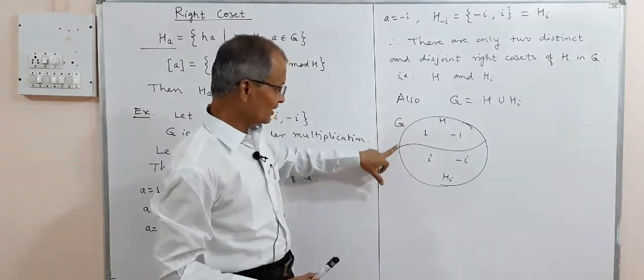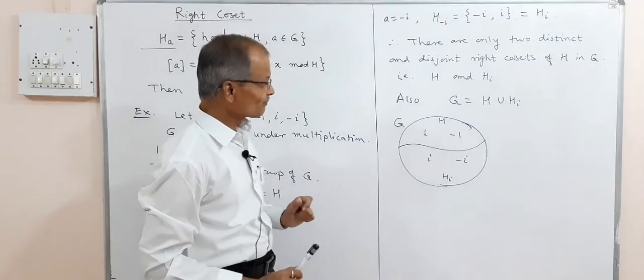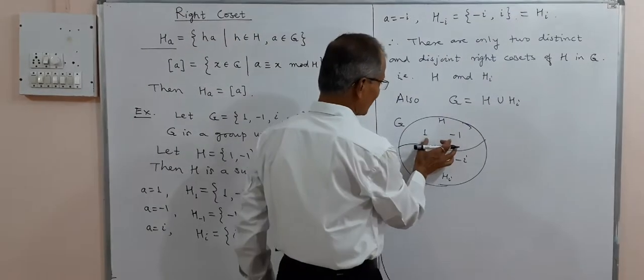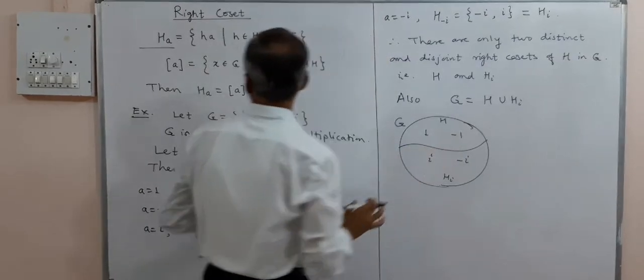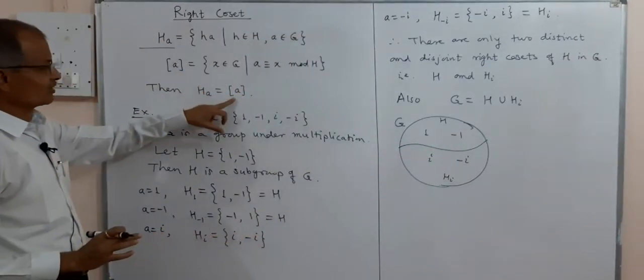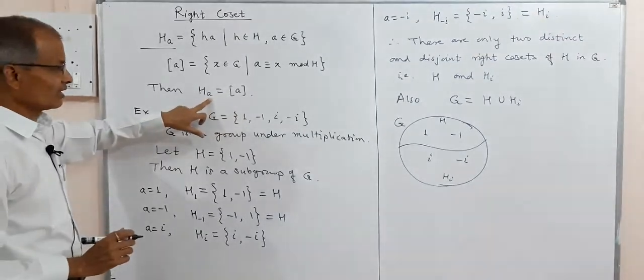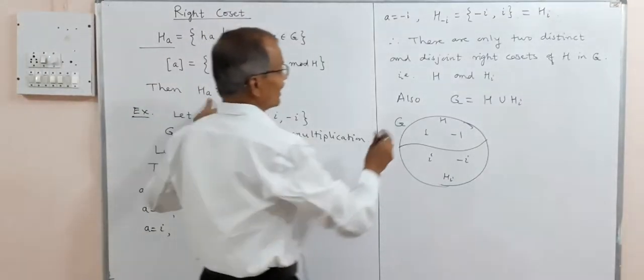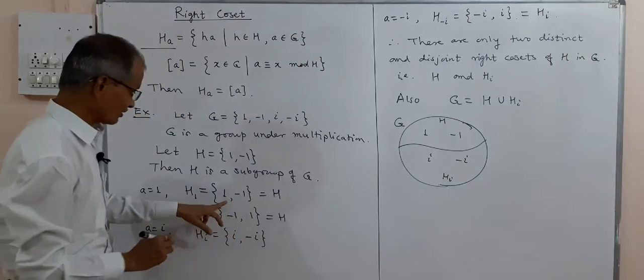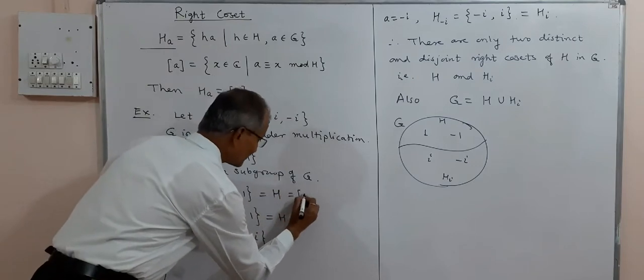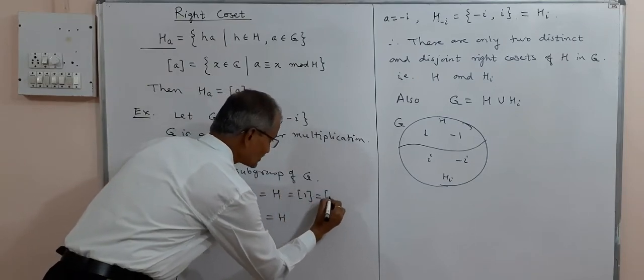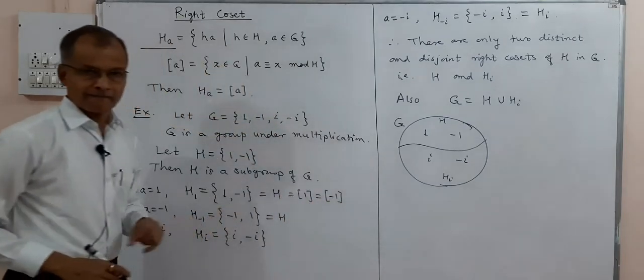So this is the meaning of right coset, and again this may be considered as the congruence class of 1. Now see, we have written here Ha is equal to a. So this H will be equal to the congruence class of 1. Also it is equal to the congruence class of -1.